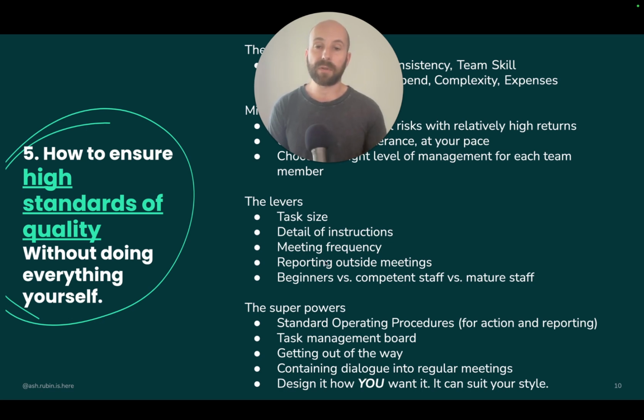And we get them to report at least weekly, maybe every time they do a task. Now we move on to competent staff. Competent staff have a few years experience. They know what they're doing. They're trustworthy. We can give them batches of tasks. We can give simple instructions because we know that they already know what they're doing. We can meet with them maybe only once a month or never even, if we don't want to.